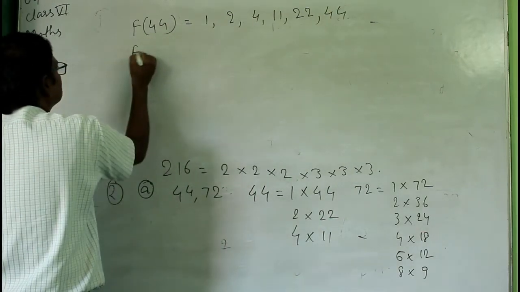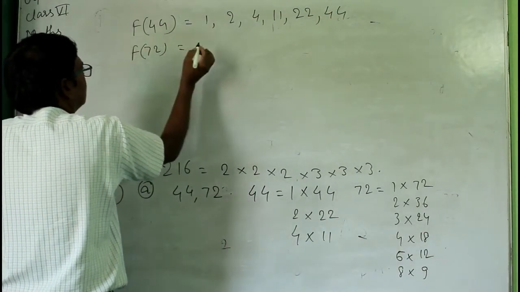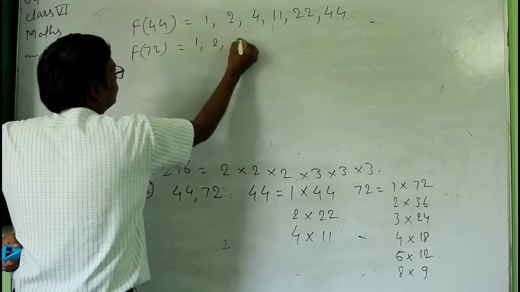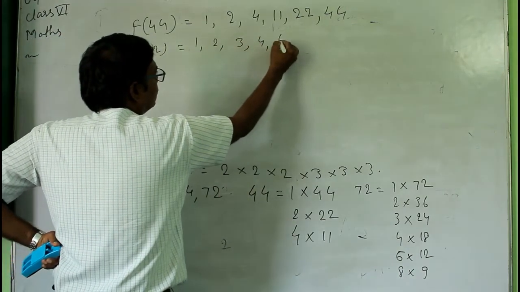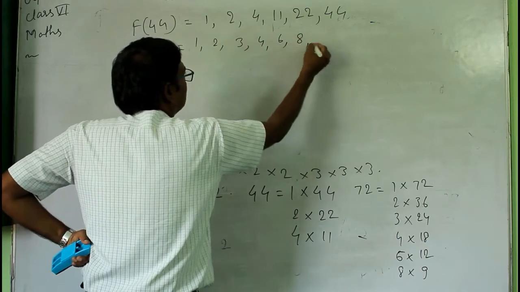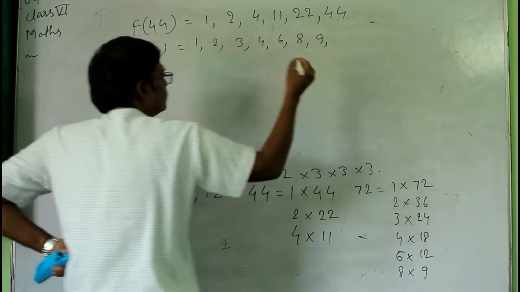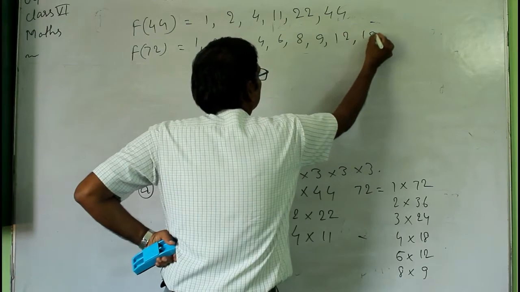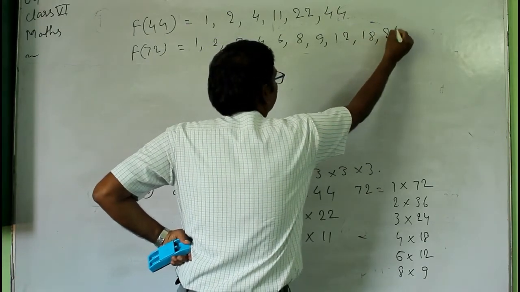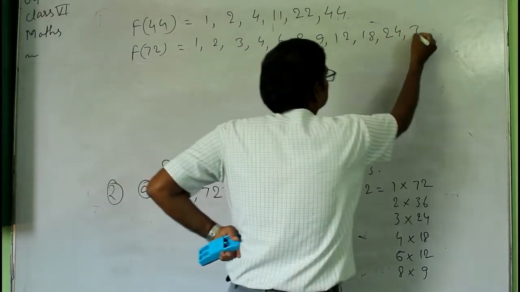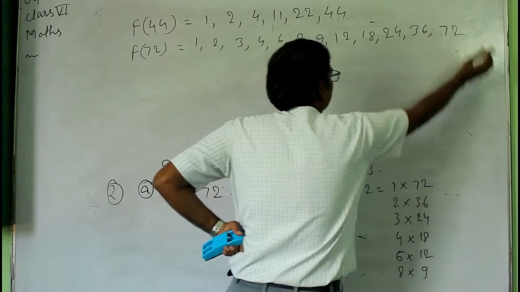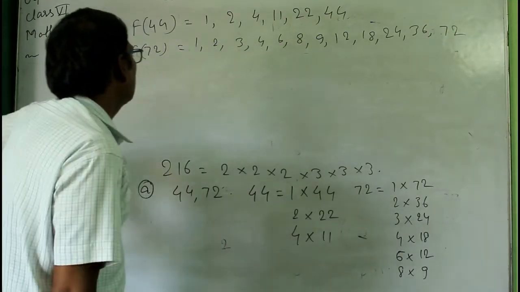And the factors of 72 are 1, 2, 3, 4, 6, 8, 9, 12, 18, 24, then 36, and then 72.